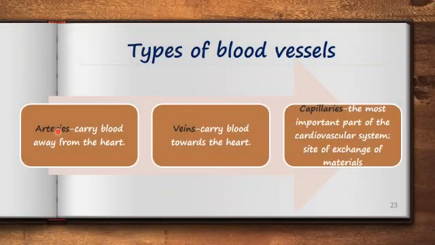So there are three types of blood vessels, which include the arteries, veins, and capillaries. All arteries carry blood away from the heart except the pulmonary artery. I have repeated this many times just to make sure that you understand that all arteries carry blood away from the heart except the pulmonary artery.